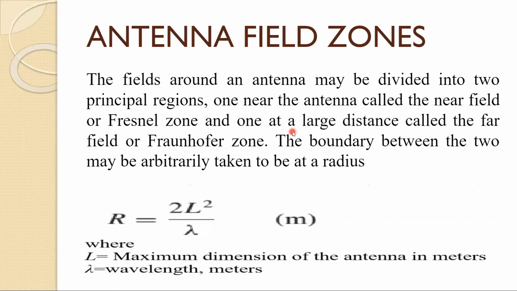Next topic, antenna field zones. The field around an antenna may be divided into two principal regions: one nearer the antenna, called the near field, and one at a large distance, called the far field.